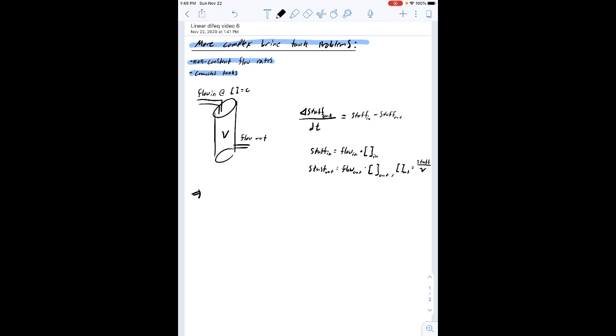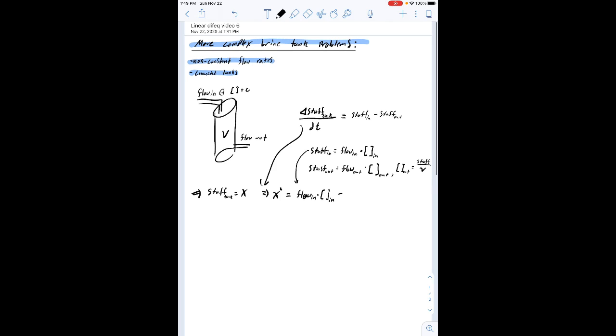So we have, remember, just like last time, we'll call stuff in the tank equal to an x. So then we have x prime is equal to stuff in, so stuff in is equal to flow in times concentration in minus the stuff out.